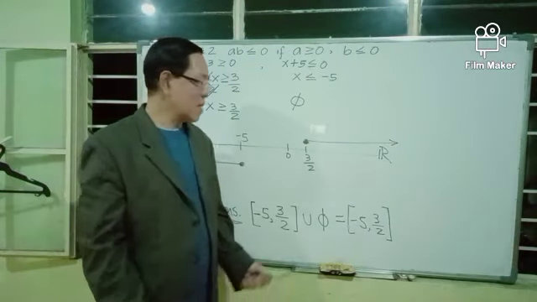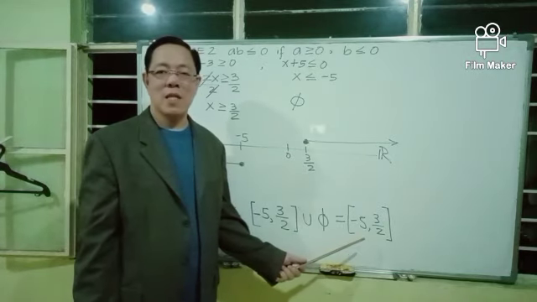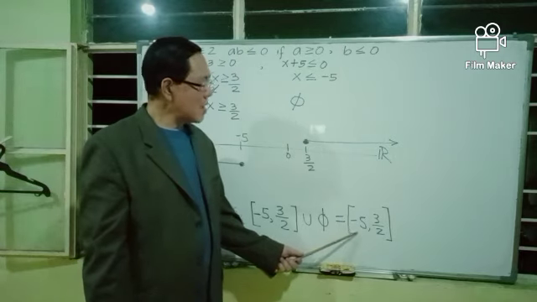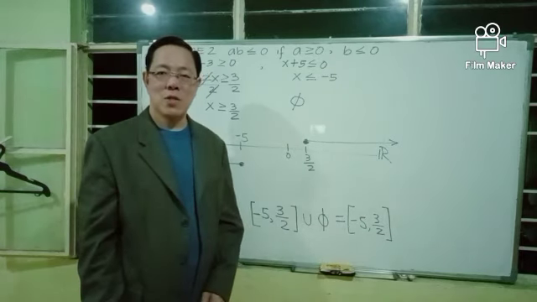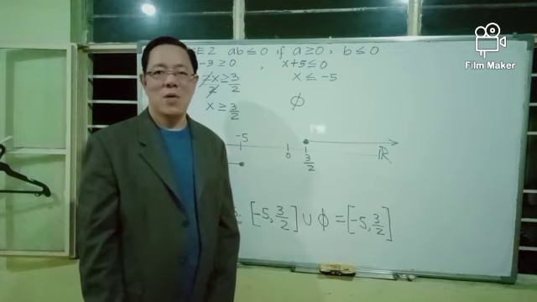All the real numbers between -5 and 3/2, including -5 and 3/2, are solutions. Now we will check if this solution is correct.